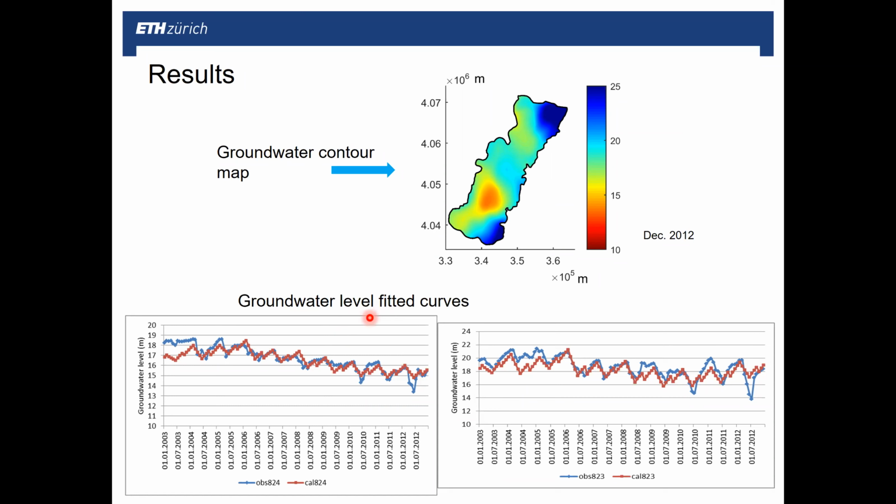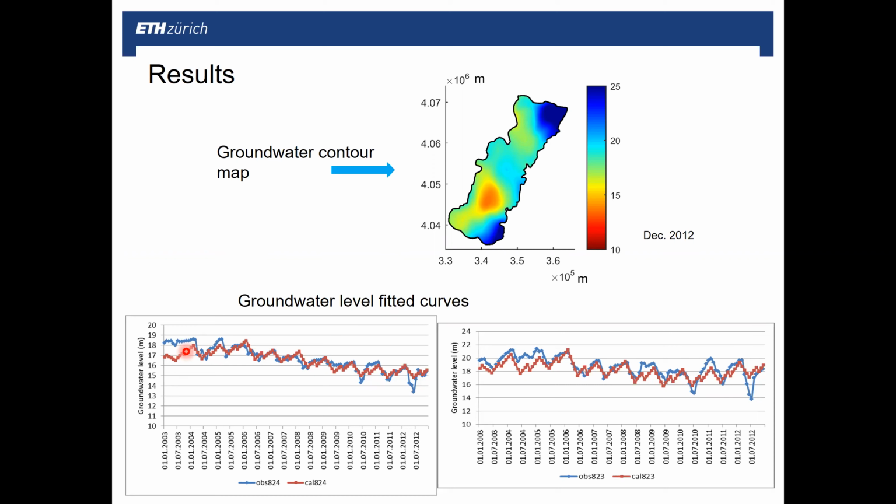And we can see that our calculations can capture the dynamics of the real observations well at these locations. This is located in the south of Guantao, close to the depression zone. At the beginning, there's a large deviation between the computations and the observations.